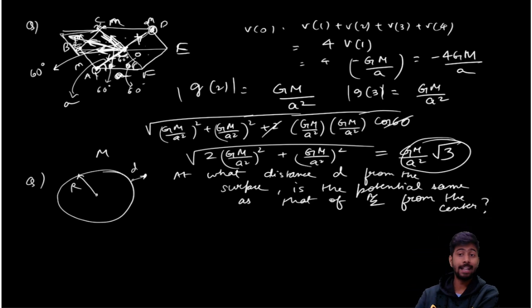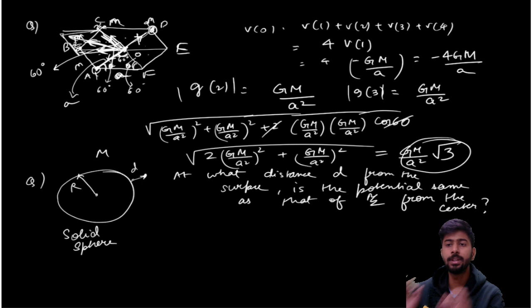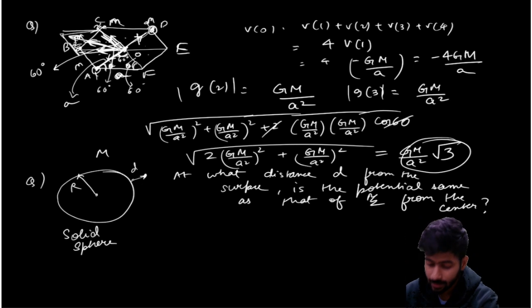The question is not as simple as it looks, because you have a solid sphere here. If it was a hollow sphere, the question was very, very simple. But what if it is a solid sphere?